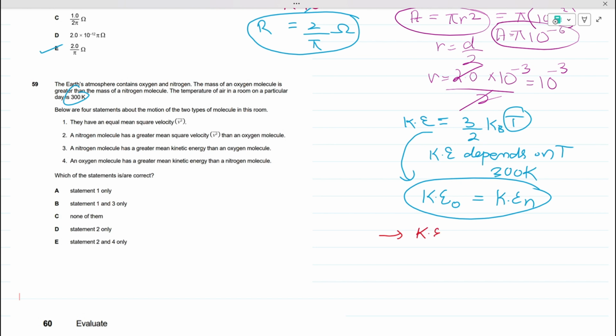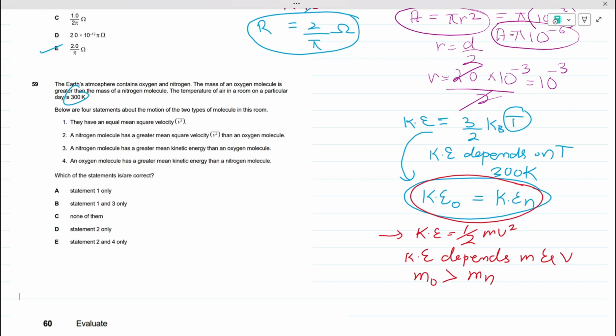Okay, and the next formula for finding the kinetic energy we have is kinetic energy equals half mv square. From here, kinetic energy depends on two factors, mass and velocity. And because we know that the mass of oxygen is greater than the mass of nitrogen, and we have to make the kinetic energy of the oxygen and of the nitrogen both equal, right?